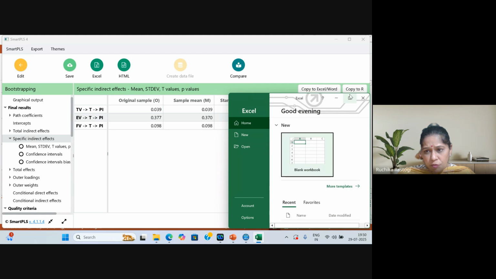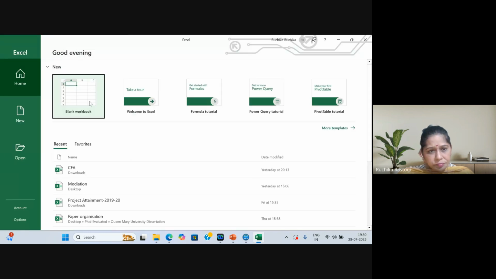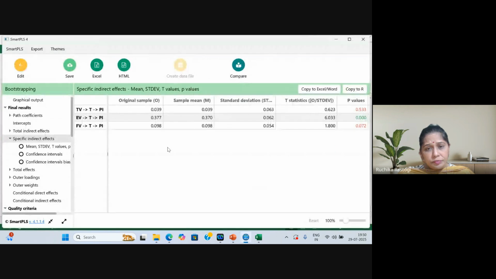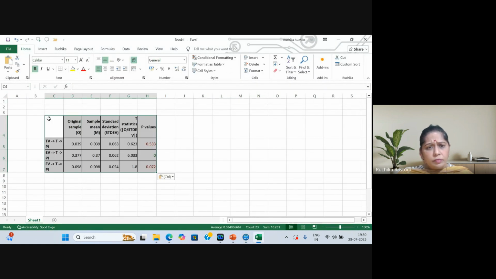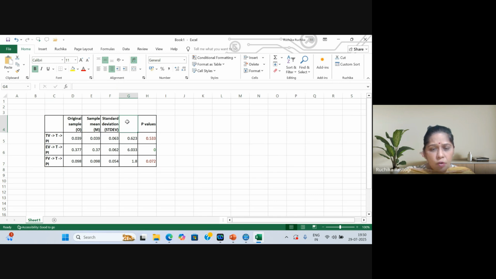Ask me if there is any confusion. This I don't need, so I will be writing the effect.